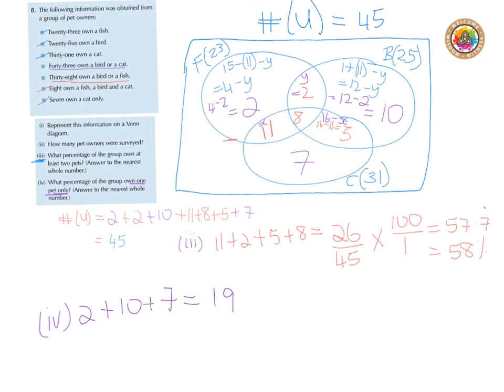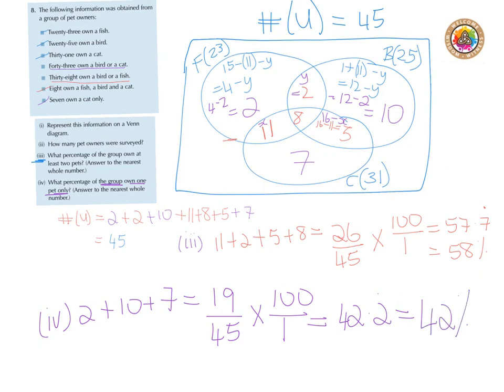And again, it's percentage of the group. So the whole group, we know the universal number is 45. So that's our fraction. To turn it into a percentage, we multiply by 100 over 1, and calculating that, we get 42.2, again recurring, and so to the nearest whole number, that's 42%.